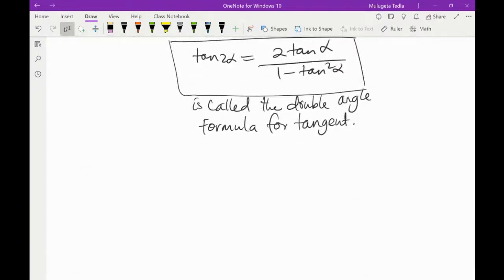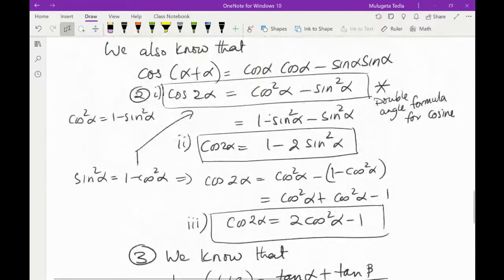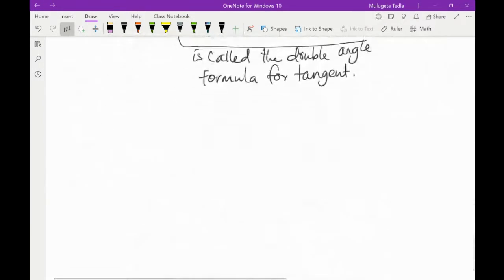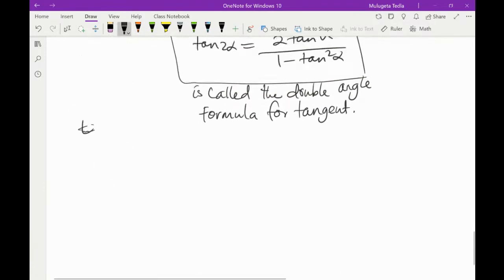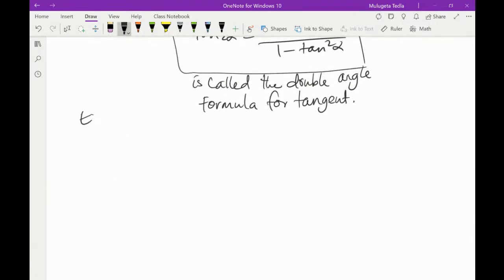All right. So this section is devoted to those 3 functions, those 3 formulas. I'm going to do examples. The questions are found in the book.